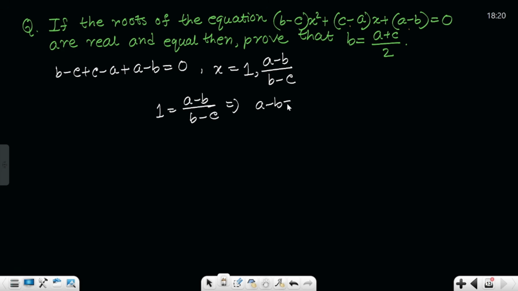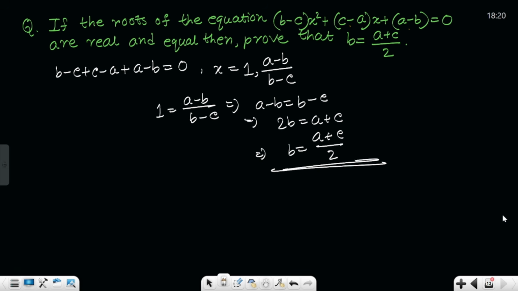So a minus b will be equal to b minus c, or we will get 2b equal to a plus c, so b will be equal to a plus c by 2. This will complete the proof here. And if you go through the alternative process, that will be a very lengthy process. So use this technique and that will be very useful.